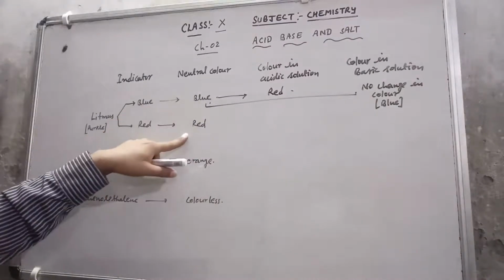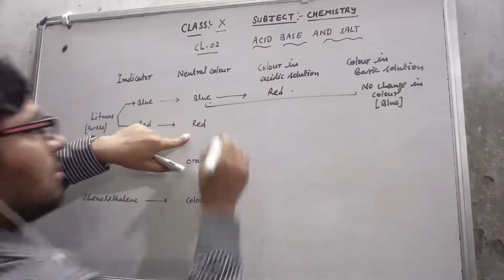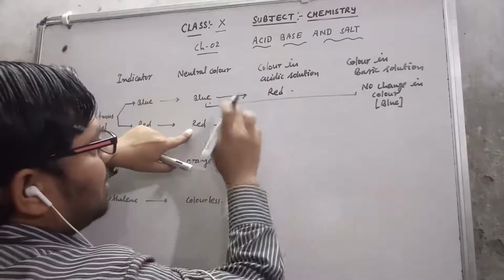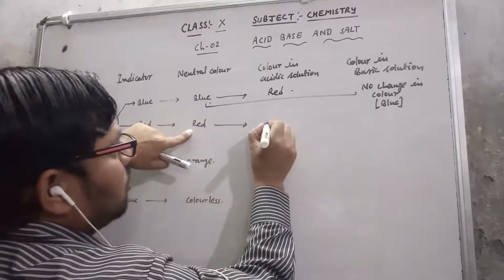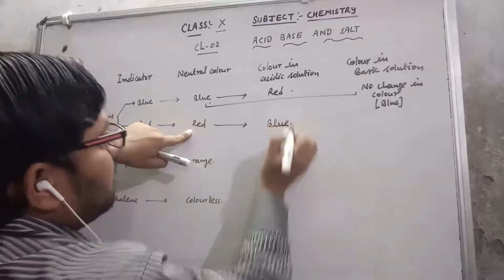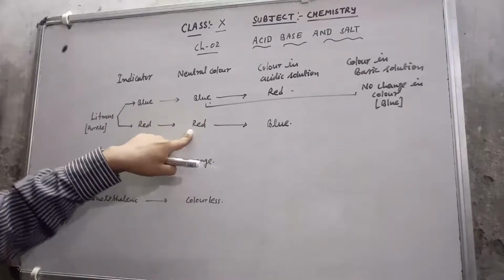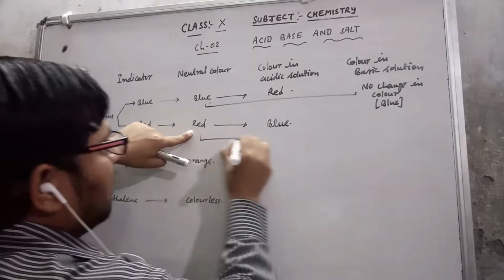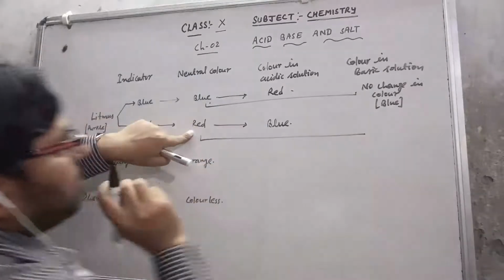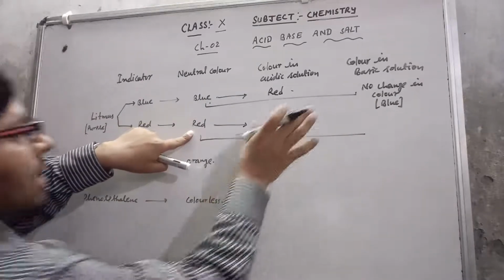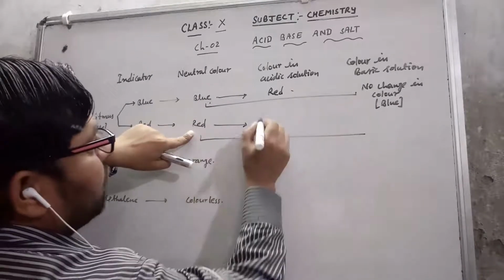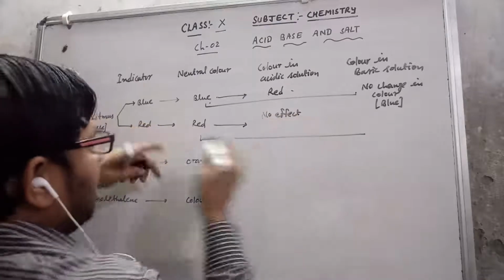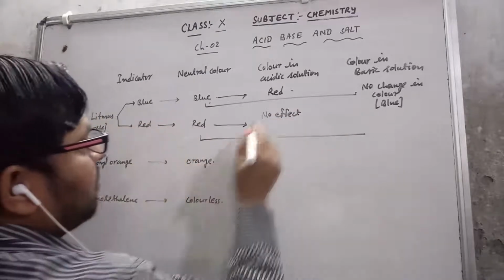Now if we have red litmus and I put it in acidic solution, there is no effect, it will remain red in color.